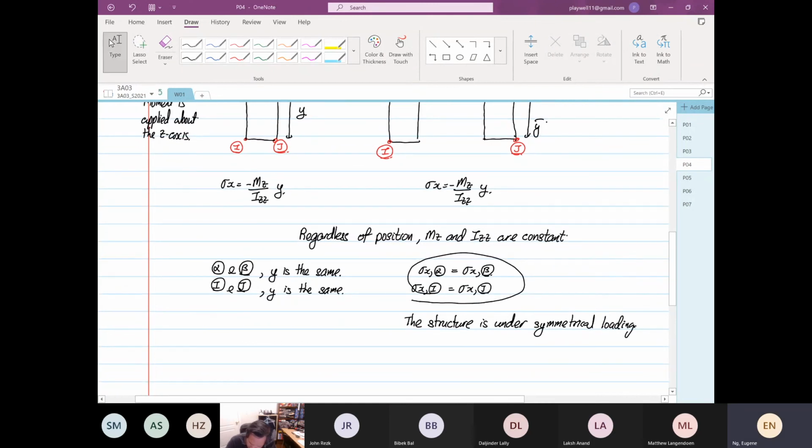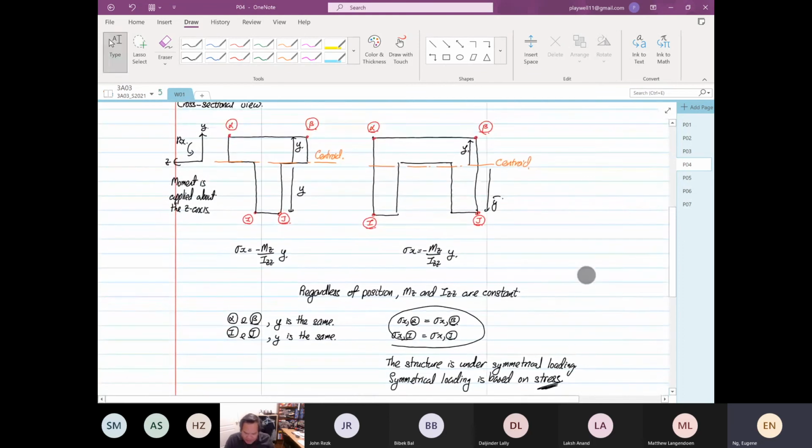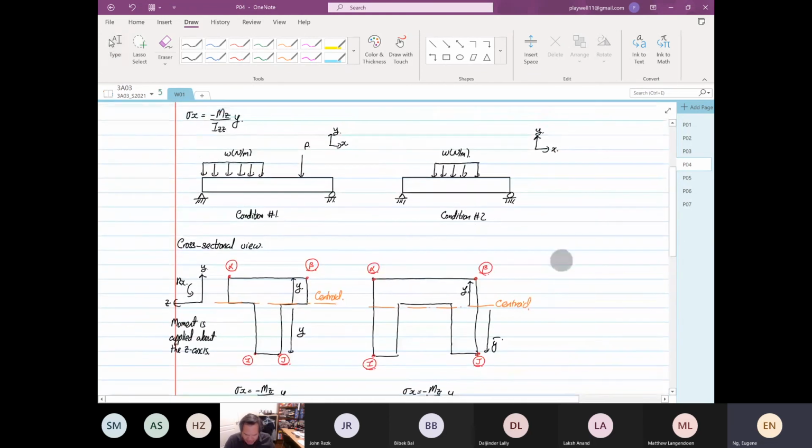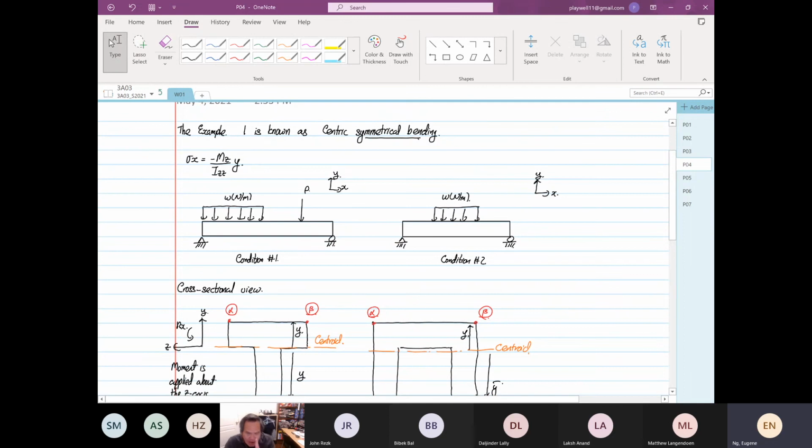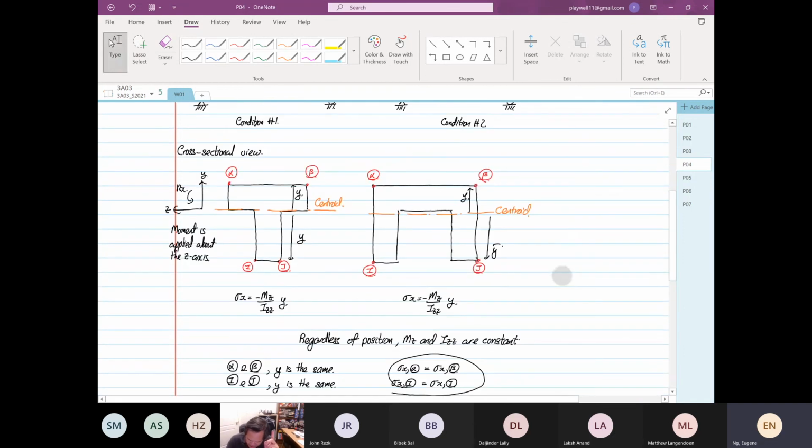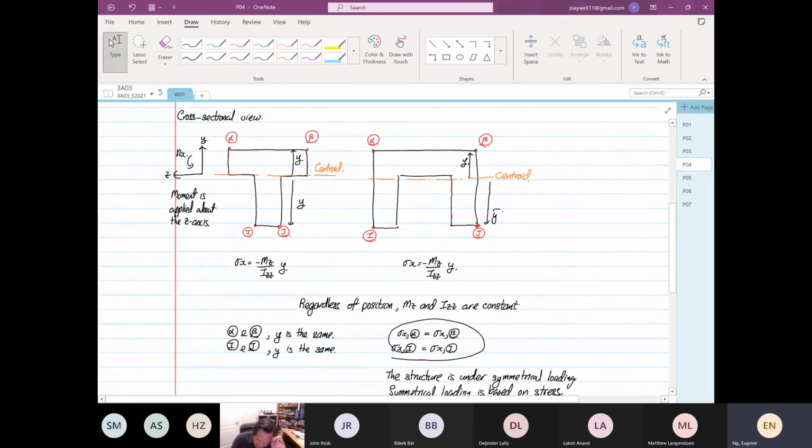So symmetrical loading is based on what? Based on stress. It is not based on how it is loaded, except that it only has to be loaded in one axis only. Like I said, moment is applied about the z-axis only.